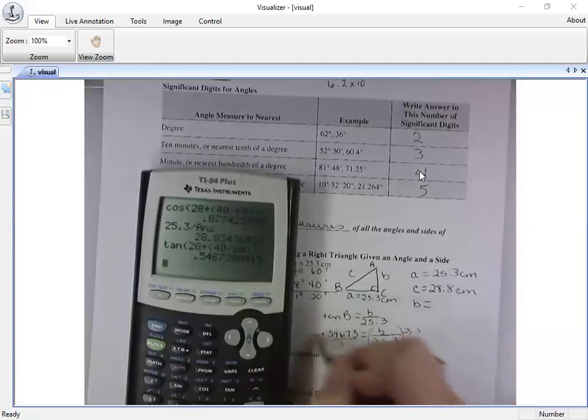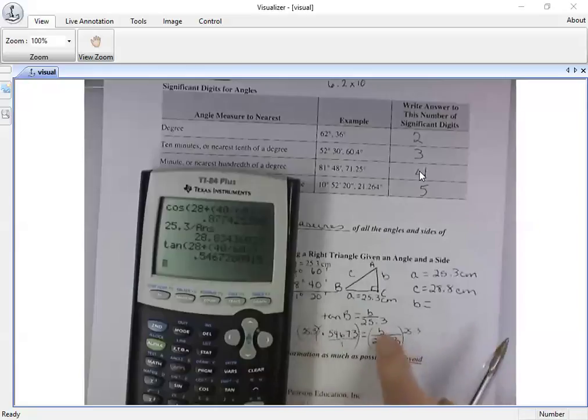So just make sure, whichever way you think of it, if you like proportions, then set it up as a proportion and cross multiply. If you have your variable on top, then it's really easy to just multiply both sides by whatever the denominator is you're trying to get rid of.